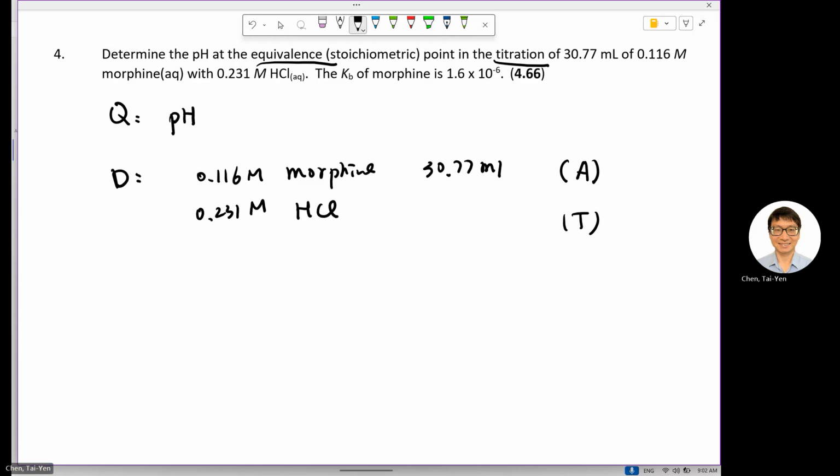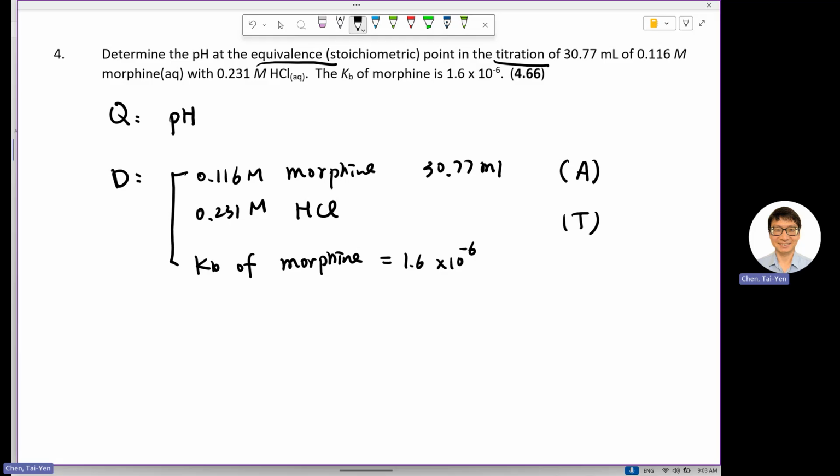Okay, so this is the setup that you have. And then you also know the Kb of morphine, your analyte, equals 1.6 times 10 to the negative 6. So this is all the data that you have.